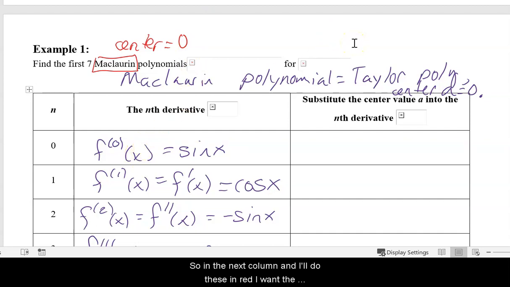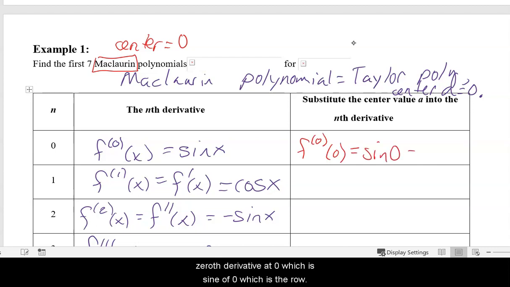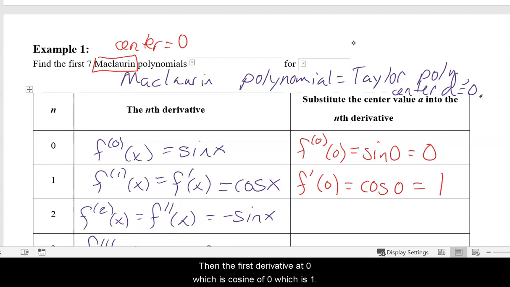So in the next column, and I'll do these in red, I want the zeroth derivative at 0, which is sine of 0, which is 0. Then the first derivative at 0, which is cosine of 0, which is 1.